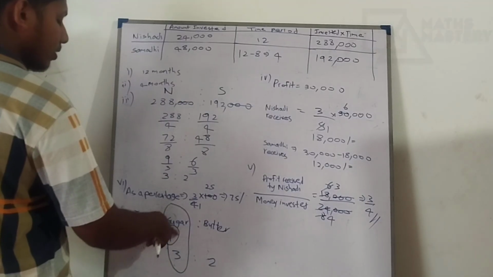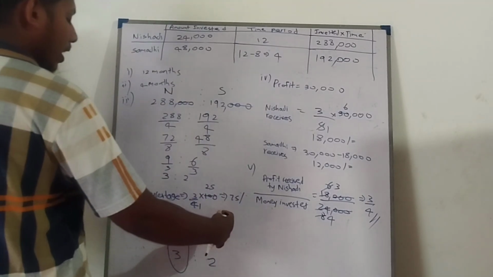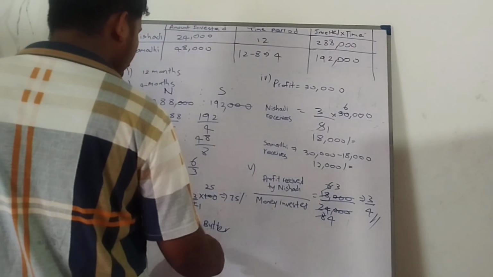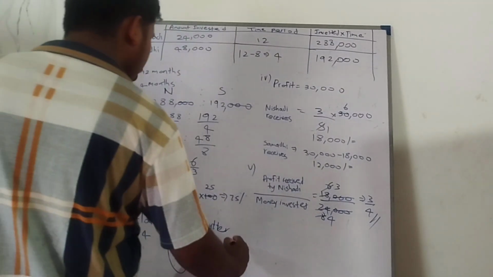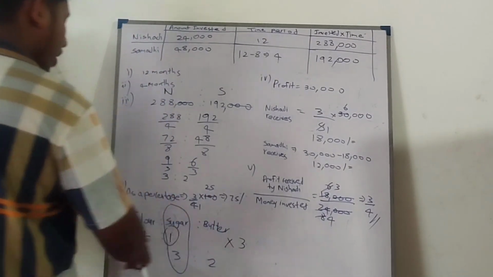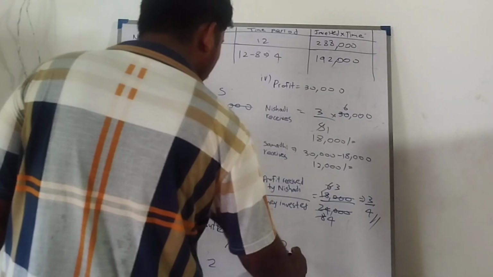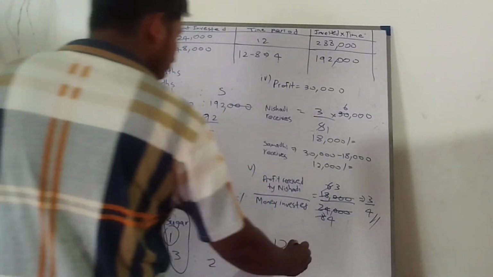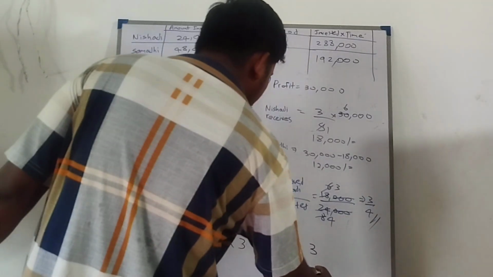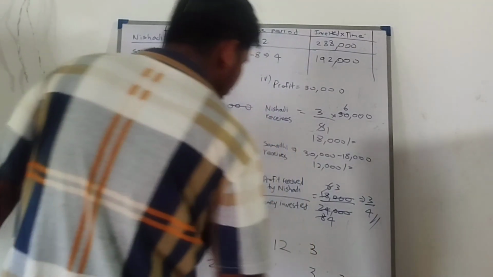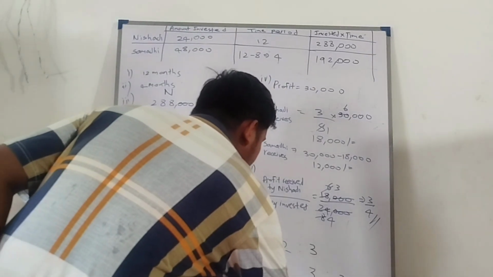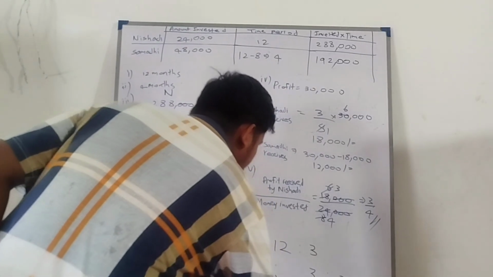If you make this 3, you can add all these ratios as one. So multiply the top ratio by 3. 3 times 4, the answer is 12. 3 times 1, the answer is 3. And then 3:2 is there, the below part. So the total final ratio is 12:3:2.